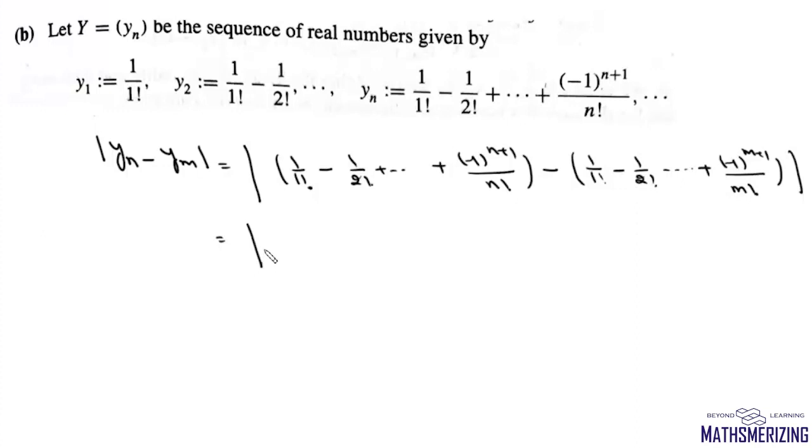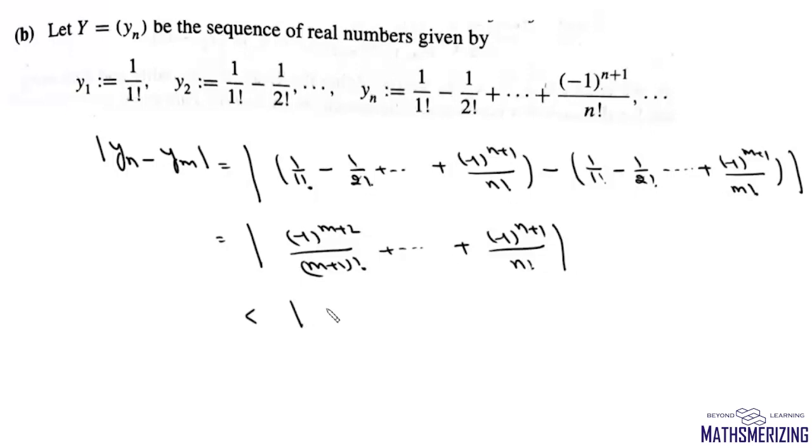Now it will be nothing but minus 1 to the power m plus 2 upon factorial m plus 1, and will continue up to minus 1 to the power n plus 1 upon factorial n. Now it will be less than 1 upon factorial m plus 1 up to 1 upon factorial n.